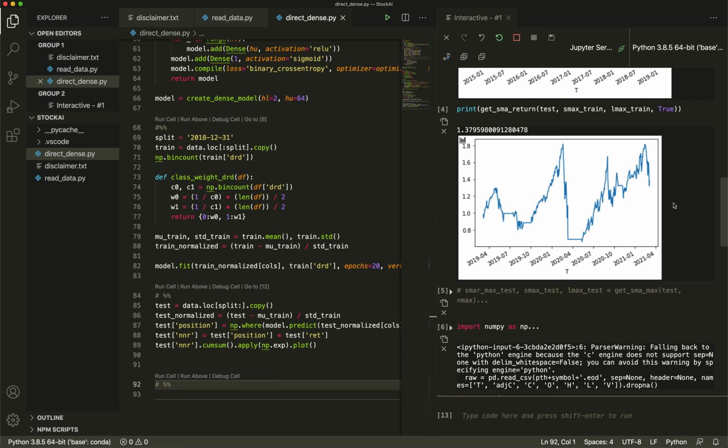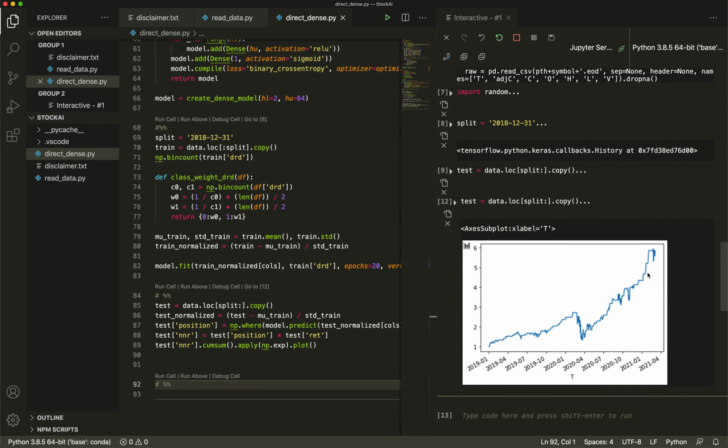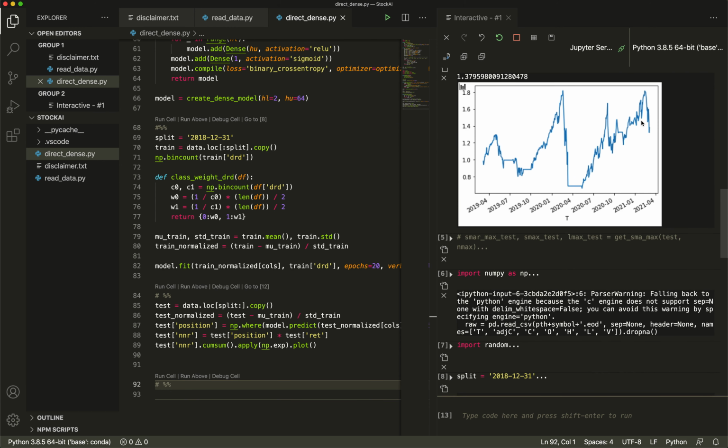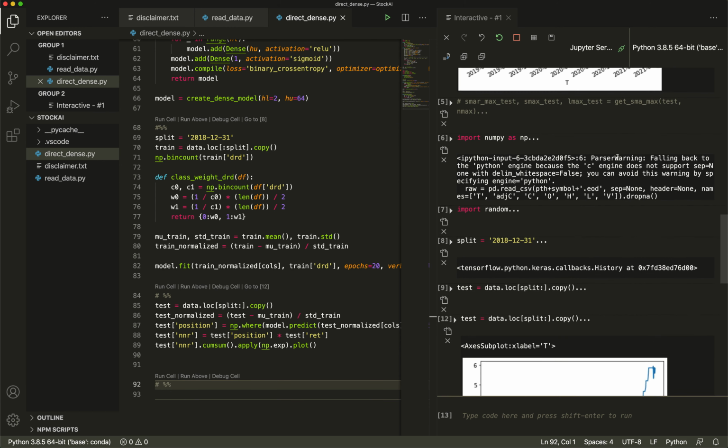And the cumulative return is about 1.38, but here it's over 5. So it looks like this strategy is much better than this strategy on the testing data.